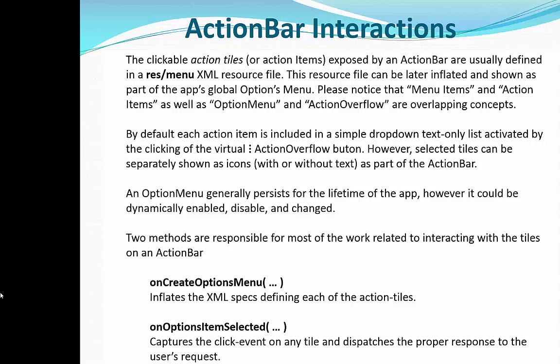Two methods are responsible for most of the work related to interacting with the titles on the menu items. onCreateOptionsMenu basically inflates the XML to the view, defining for each view the action type. onOptionsItemSelected defines the click event of any menu item and provides the proper response to the user request. Basically, these two methods we have to redevelop. One is inflating the menu, another is the menu click listener.